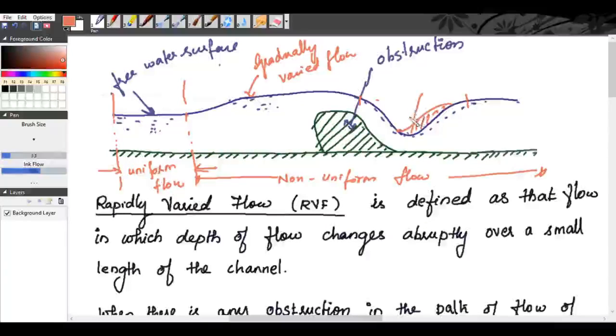In this smaller portion, there is a rapidly varied flow. So hope you understood gradually varied flow and rapidly varied flow. It comes under non-uniform flow. So what is rapidly varied flow? It is defined as that flow in which depth of flow changes abruptly over a small length of the channel.